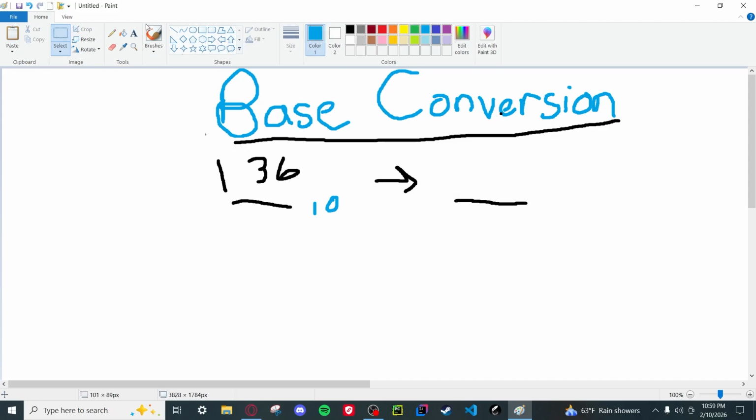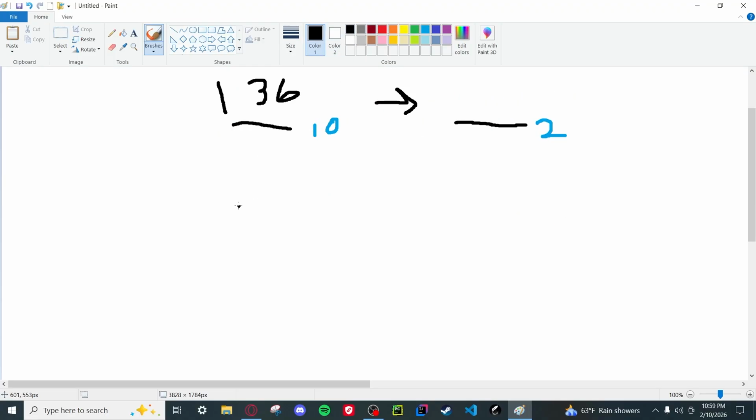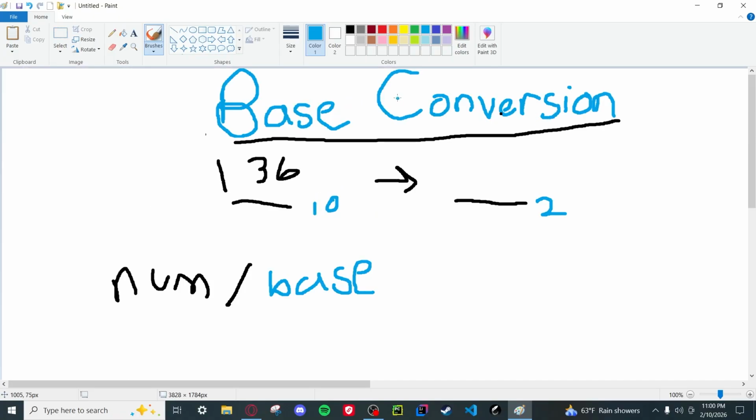Let's look again at 136 converting to base 2, but now we're going to use the integer division method. So what is that? Take your number, and we're going to divide it by the base we're trying to convert to. We're trying to convert to base 2, so divide by base 2, okay?